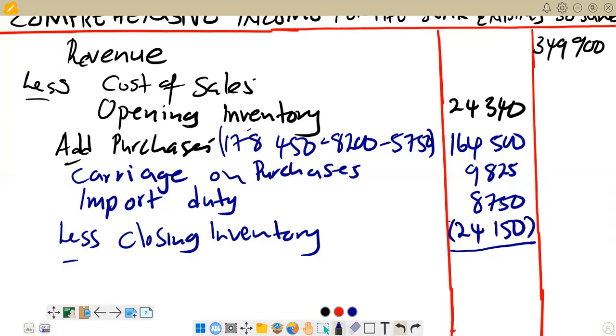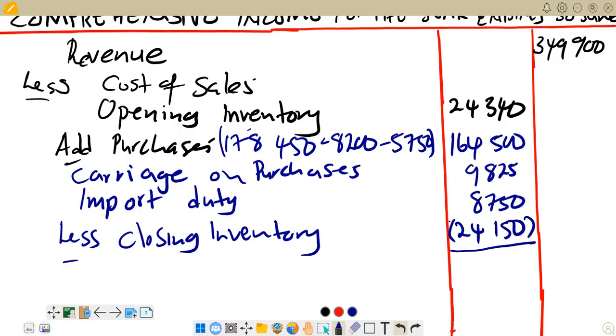The answer that we get there, we put it up there to represent cost of sales. Remember, we are calculating cost of sales, and we are saying less cost of sales. It means we are going to subtract the net figure that we get there. So we're going to say 24,340, we add 164,500, we add 9,825, and we add 8,750, then we subtract 24,150.